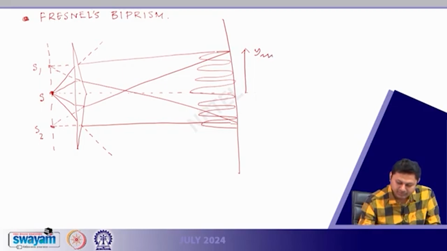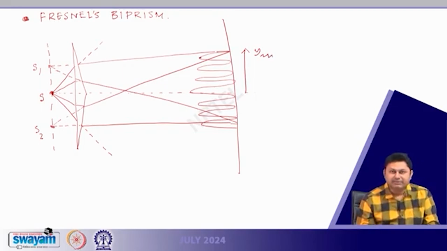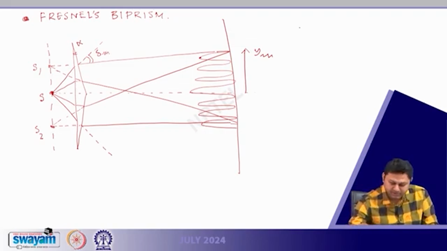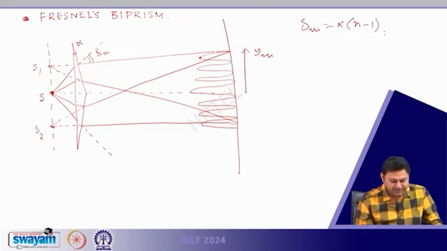If I go to maxima, so this is the mth order maxima. If I have this angle alpha, and this is the minimum deviation delta m, then we can have a relation that delta m will be alpha into refractive index of the prism minus 1, that we know from the geometry.